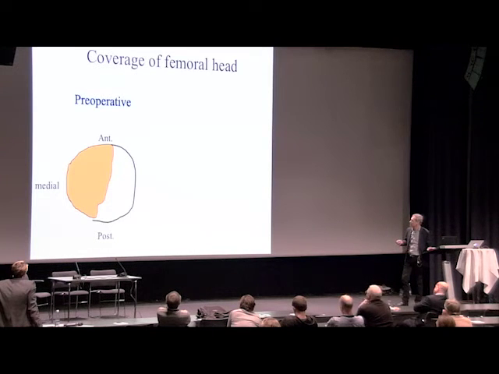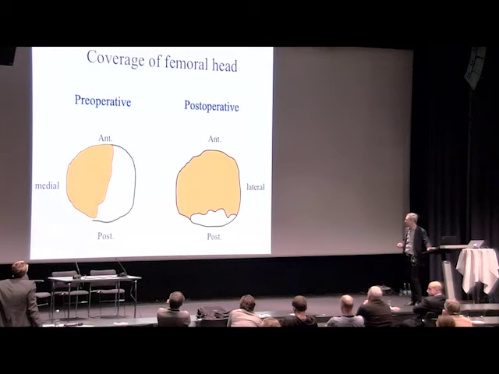This is pre-op. CT scanning post-op showed that we could increase the coverage from 54% to 87%. And that's probably the reason why the patient is getting better. The area is much larger, and thereby the load is much smaller on the hip joint.